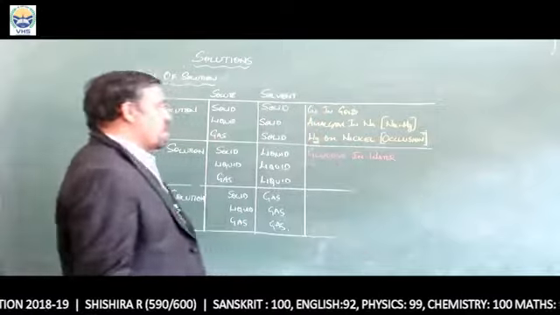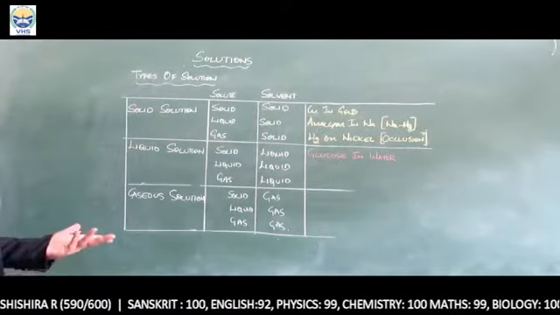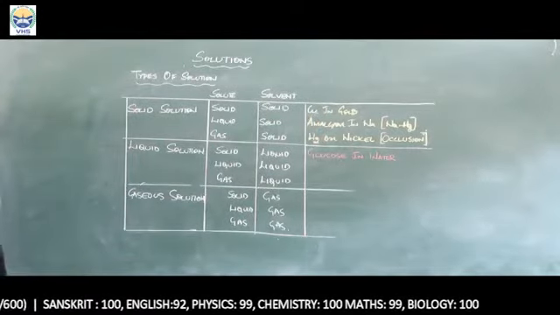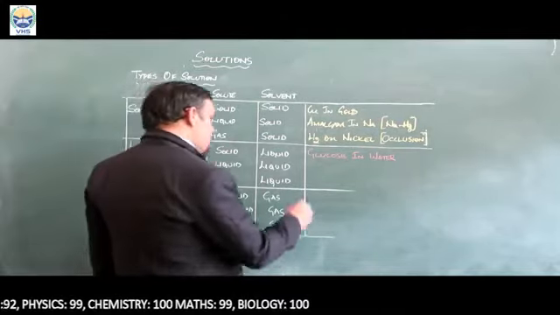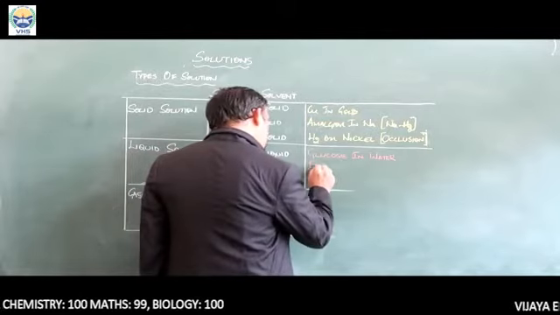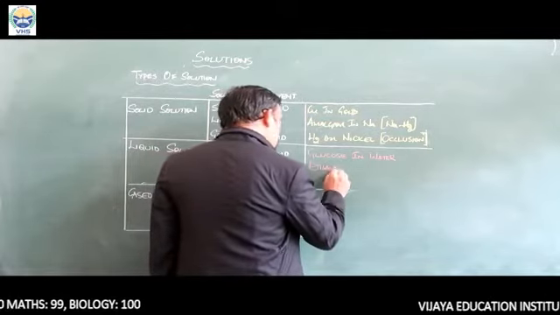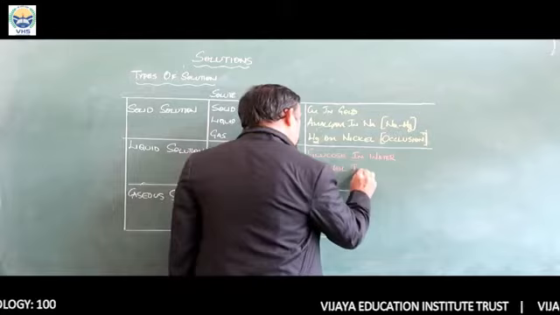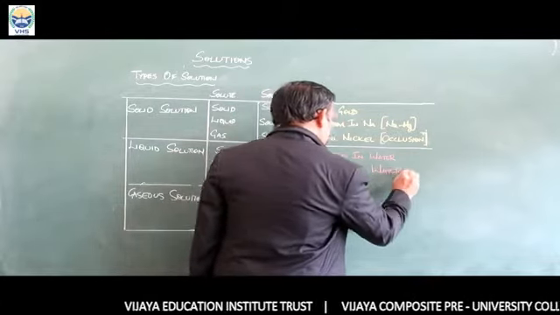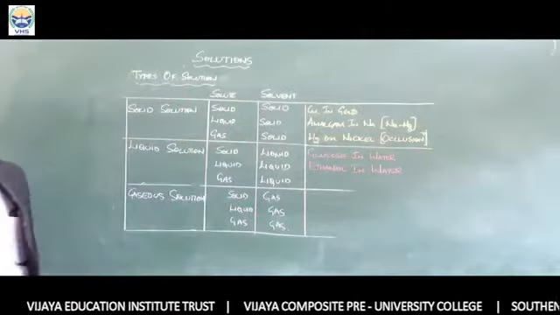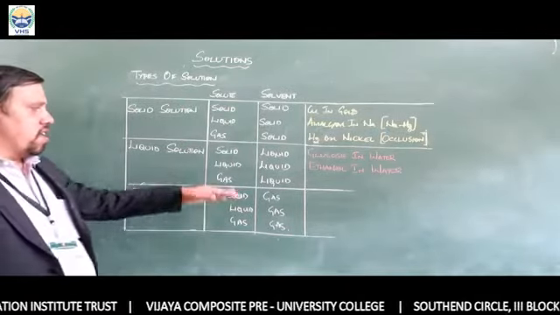Glucose is solid and the solvent is water, which is liquid. Give an example for liquid in liquid. You can consider ethanol in water. Ethanol in water is another example for liquid in liquid.